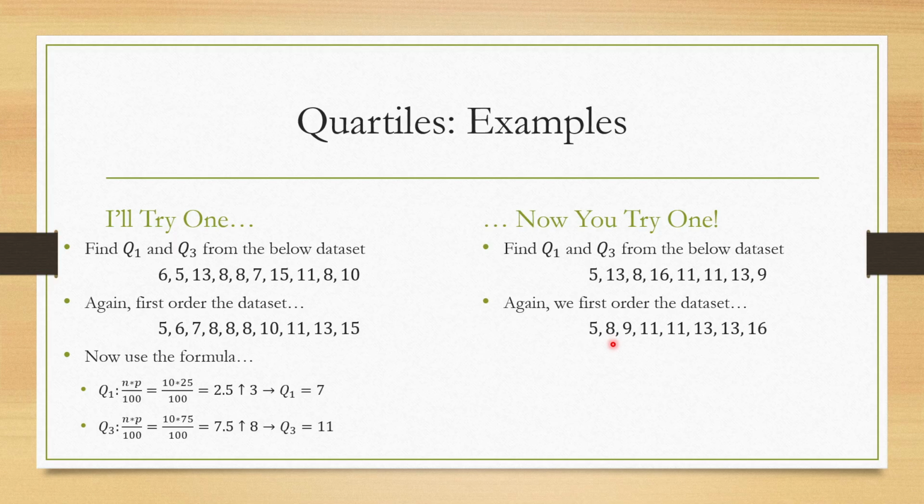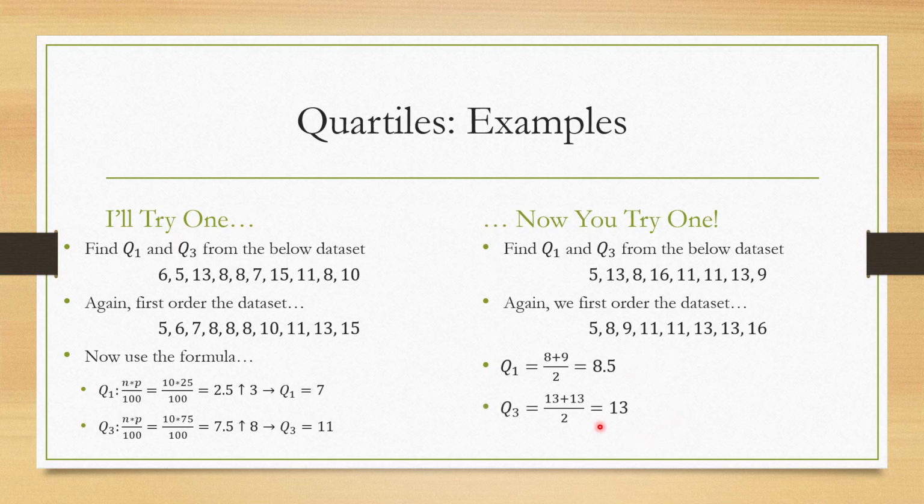And because it's an even number, I do this one plus the next one up, and I take the average of those two. In this case, it's 8 plus 9 divided by 2 gives me 8.5, just like with the median. So if you got stuck on this one, go on and pause it again to give Q3 a shot. But if you got this one right, don't need to pause again. We'll just keep going. But if you got stuck, go on, pause again. Give Q3 a shot now that you got it.